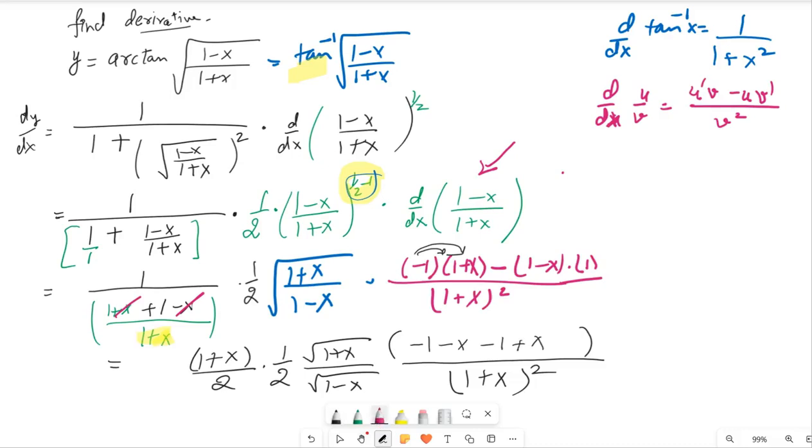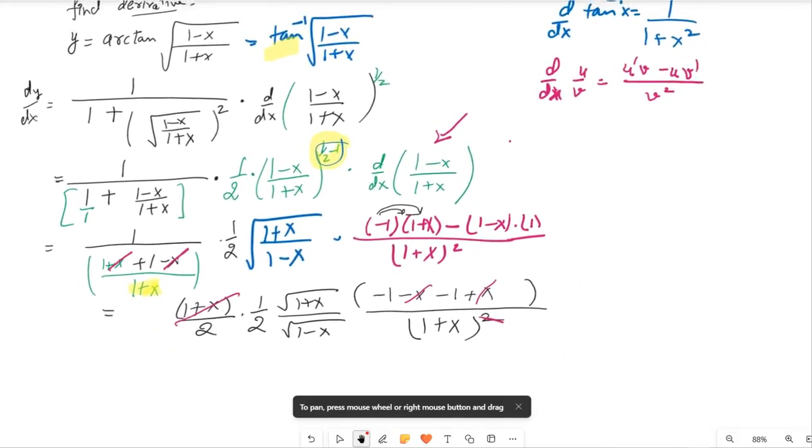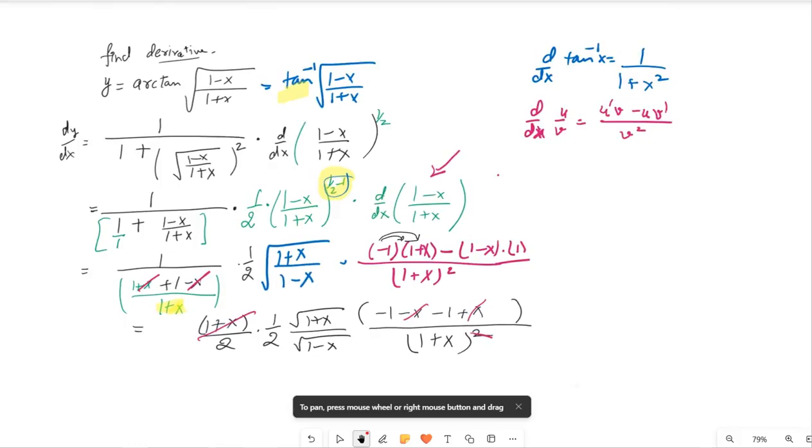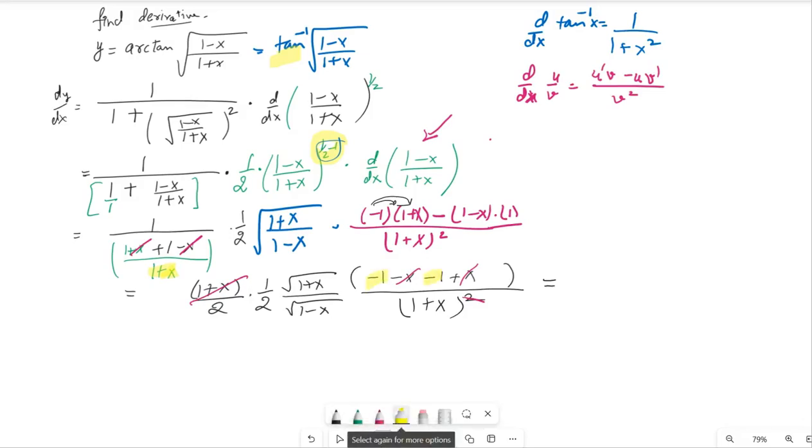Let's see what all can cancel. This cancels. This with one power of this will cancel. I zoomed out a little so I have more space. So what do we have left? Negative 1 plus negative 1 will be negative 2. 2 times 2 is 4.